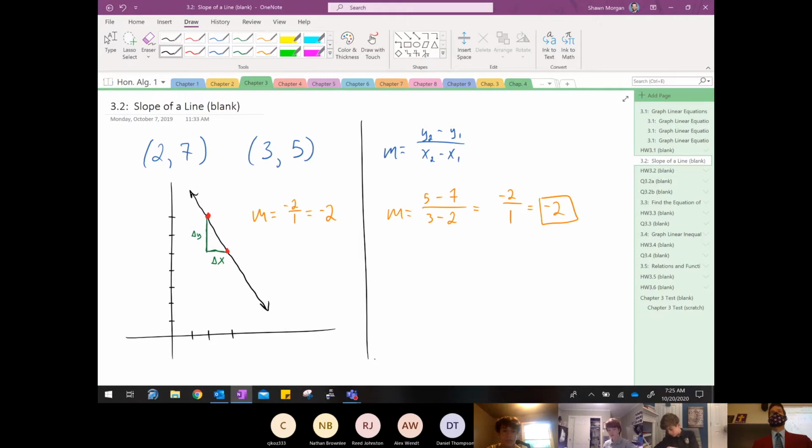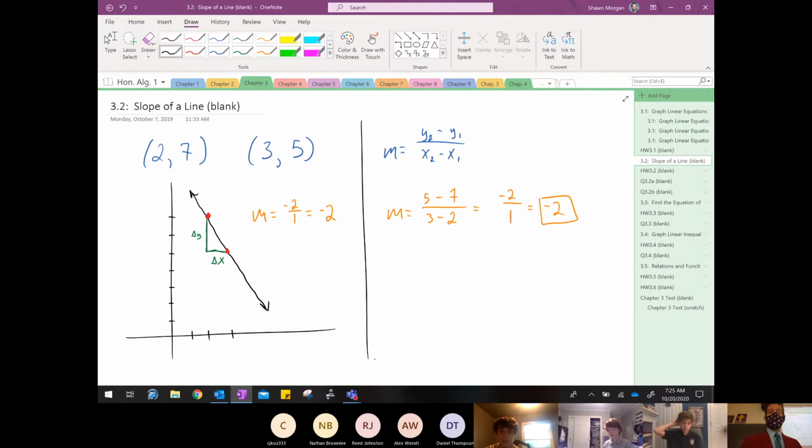Now, one of the neat things, by the way, about our slope formula: did you guys notice which point I called x2 and y2? Which one was it, 2,7 or 3,5? 3,5. I called it 3,5, but it really doesn't matter.